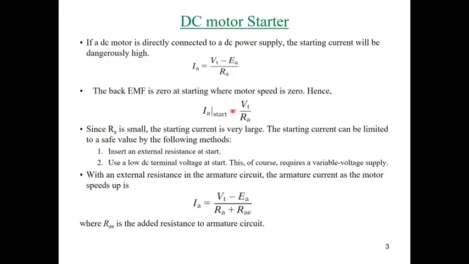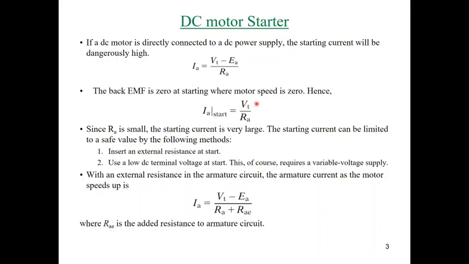So what's the solution now? In the equation, I starting equals terminal voltage divided by the armature resistance. Simply we can add something in the denominator to increase the denominator and decrease the whole number. Physically this can be done by adding resistance. Or we can decrease the numerator in order to decrease the whole number, so we can start with decreased voltage.